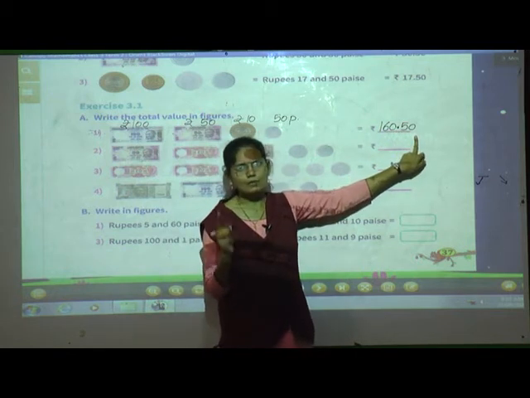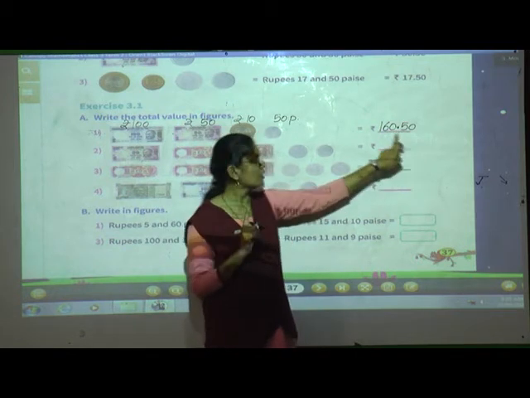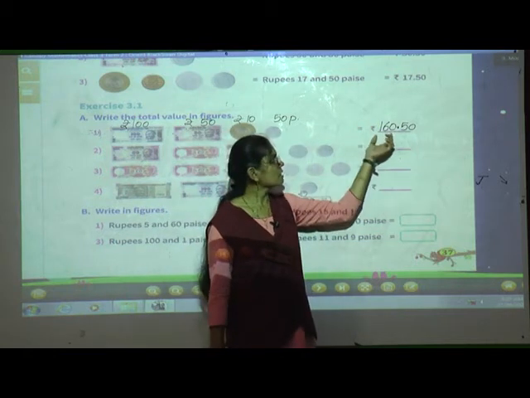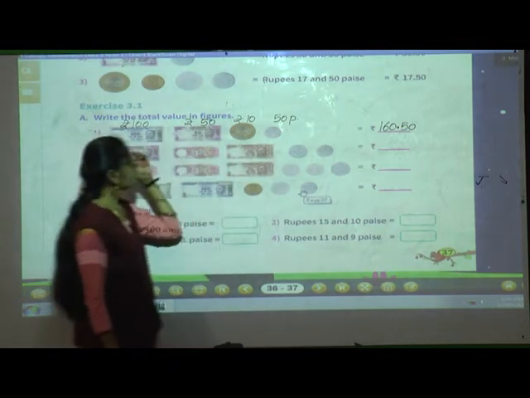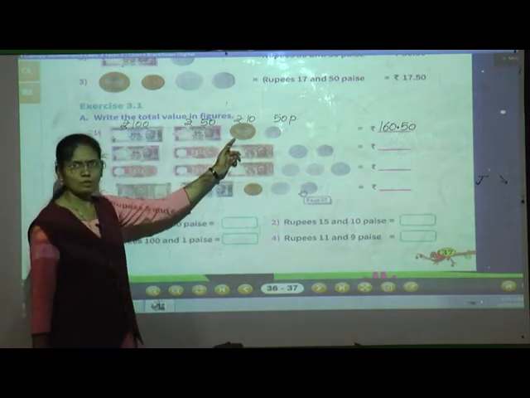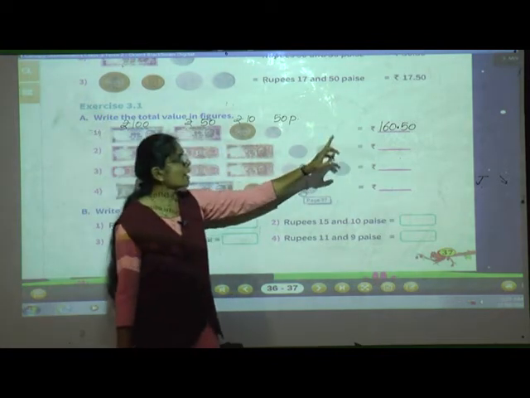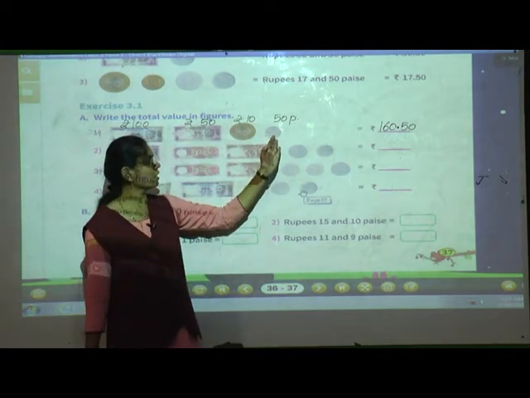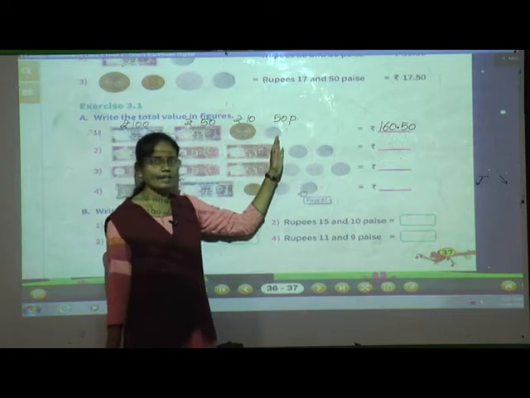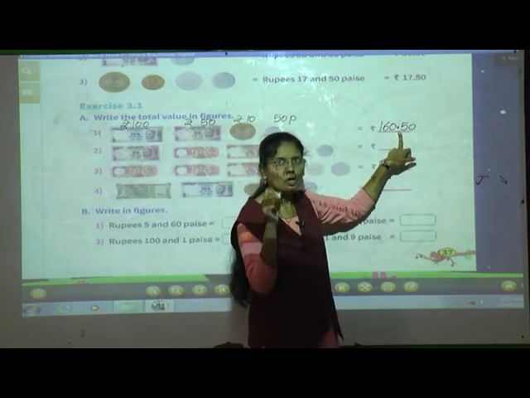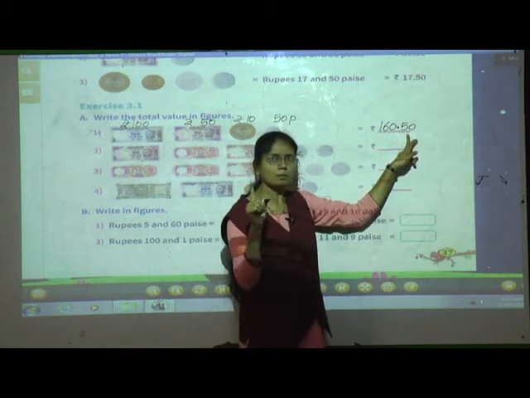In this way only you have to read. Rupees 160.50. Rupees 160 means these are the rupees we have to add. So here we got the 160 and 0.50 means here 50 paise. One coin is there of 50 paise. So here you have to give dot or point and then write the paise.